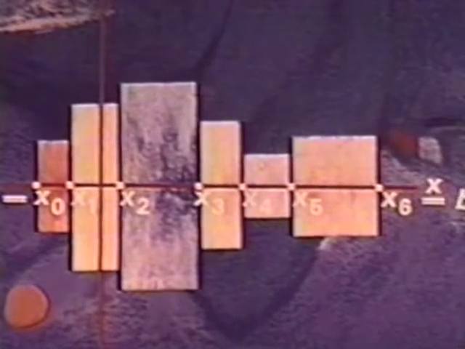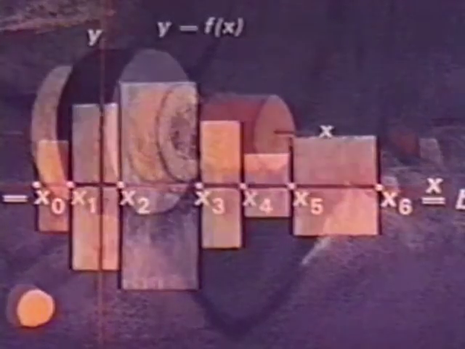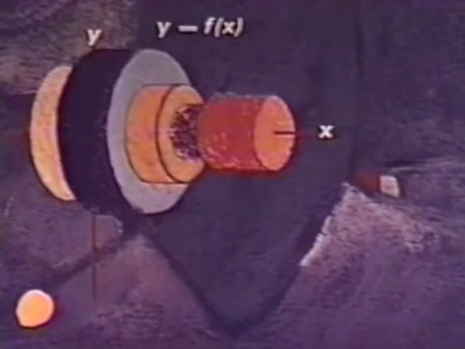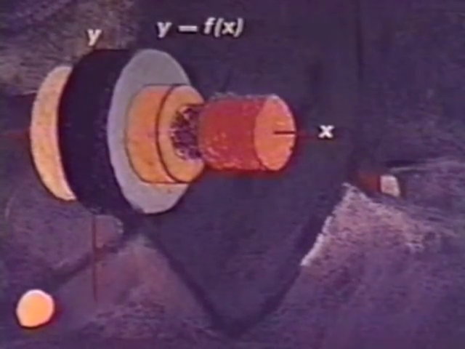Also, the faces of the disks intersect the x-axis in points. I'll call those x0 up to x6. And now we know 2 dimensions of each one of those disks.